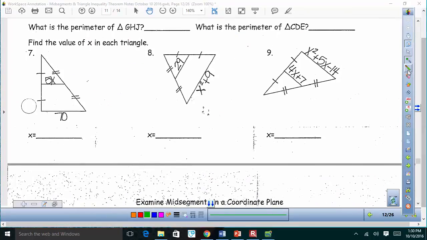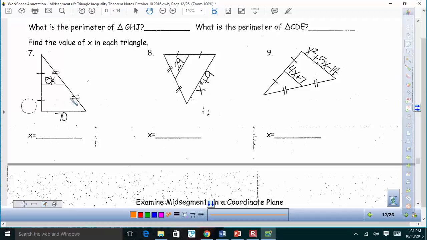Okay, so in number 7, we are given the mid-segment and the bottom. Does it matter if I use mid-segment equals half of the bottom or 2 times mid-segment equals the bottom? No, we can use either.